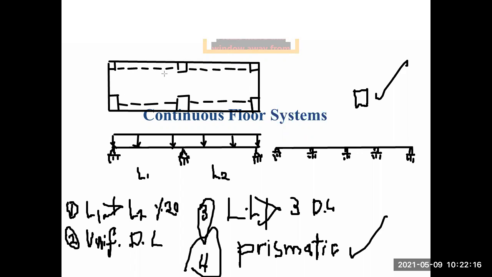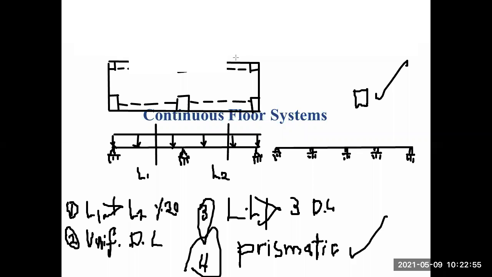If you have a slab and the slab is monolithically cast as a single unit with the beam, acting as a single unit with the beam, and I get a cross section here or here, what kind of cross-sectional shape would it be?